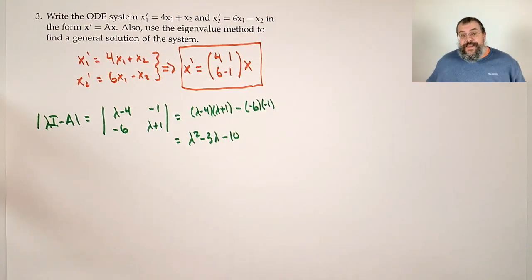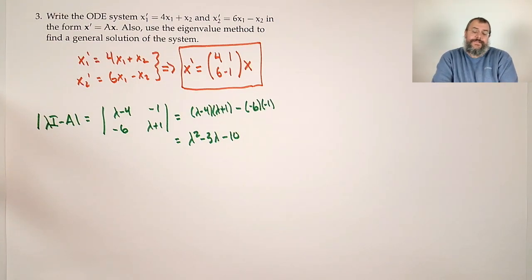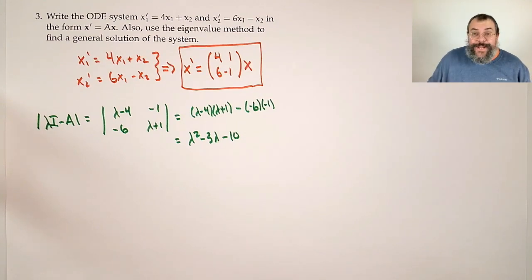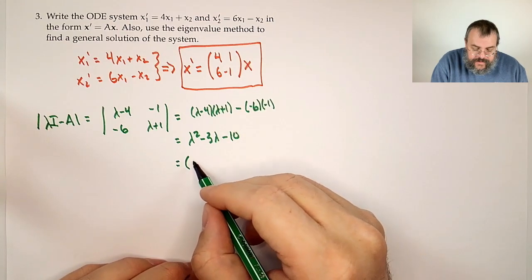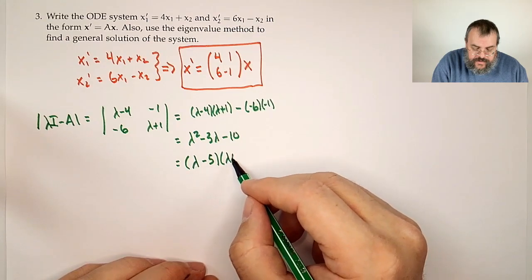And now we're like, okay, we should have nice roots. And you should anticipate that your roots are going to be nice and reasonable. Things will factor, or even if they don't factor, you get complex roots. Even the complex roots won't be that complex. So in this case, what do we have? Well, this can be written as lambda minus 5 and lambda plus 2.